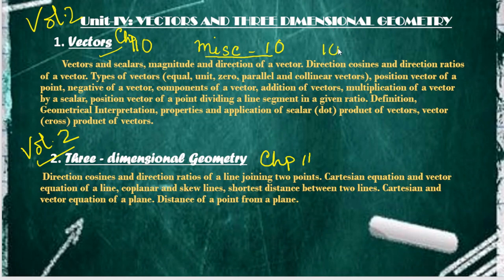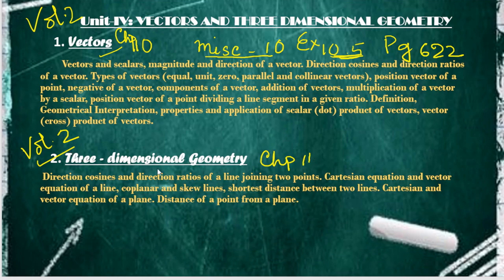And exercise 10.5, which is given at the end of your book, exercise 10.5 on page number 622. This exercise, which is scalar triple product, is removed.